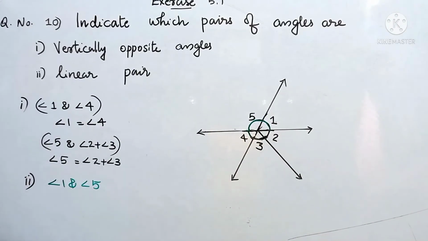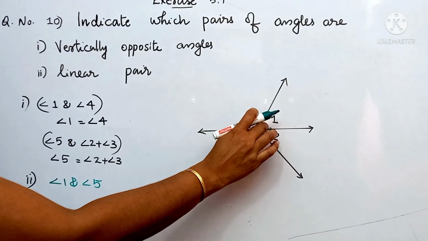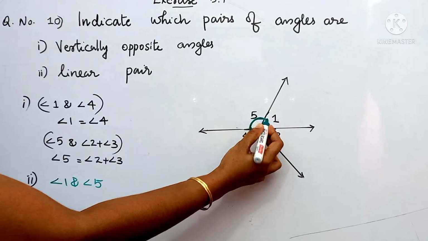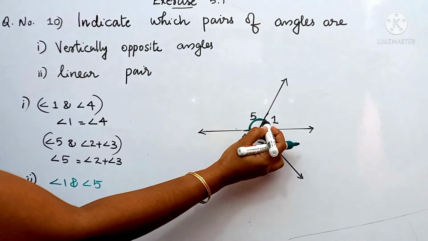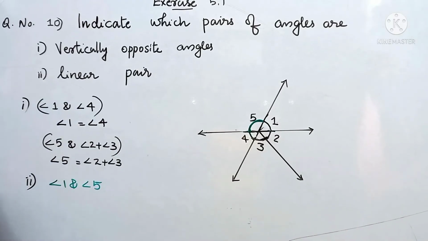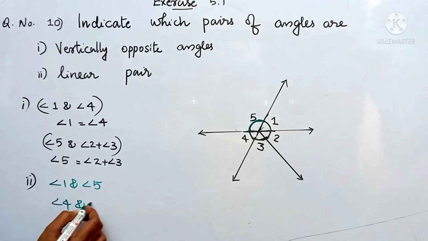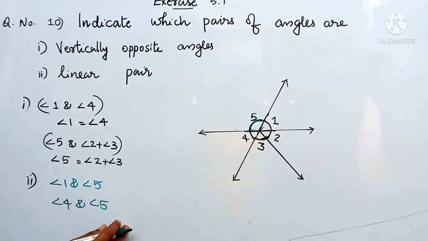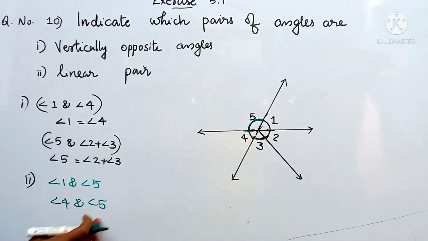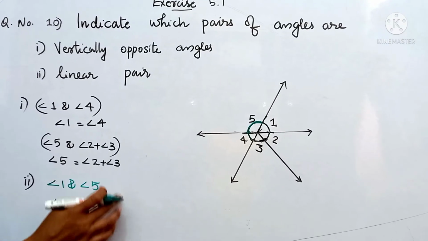Angle 4 and 5 are the two angles on a straight line. So angle 4 and angle 5 are also linear pairs. So we have got the two linear pairs.